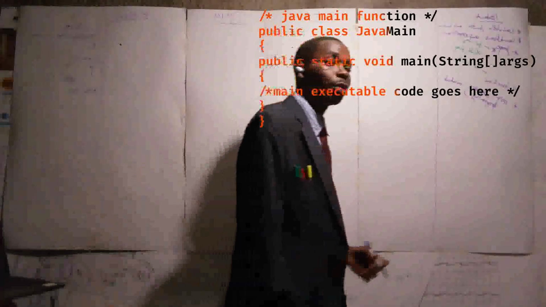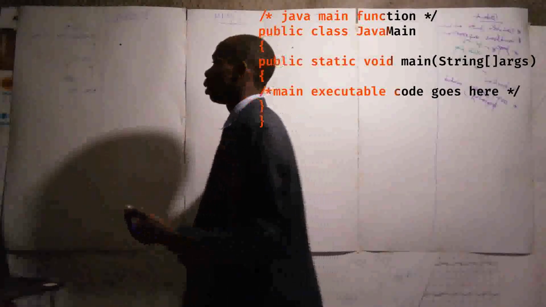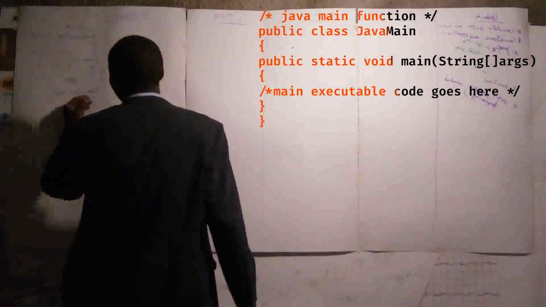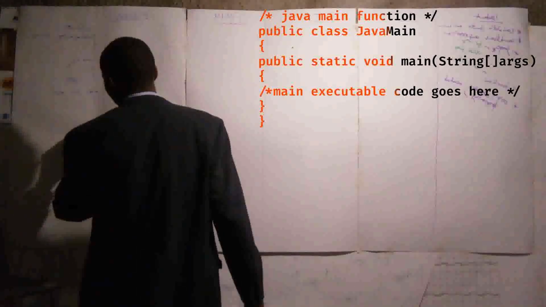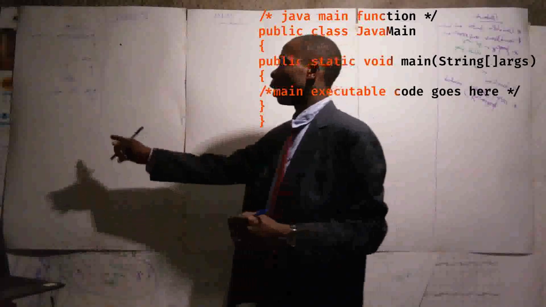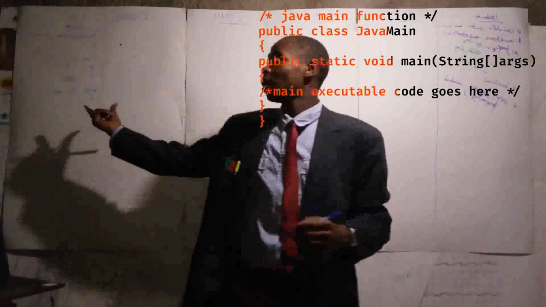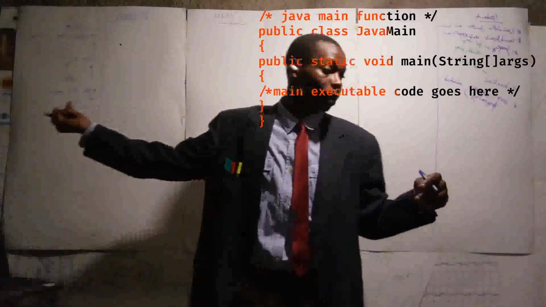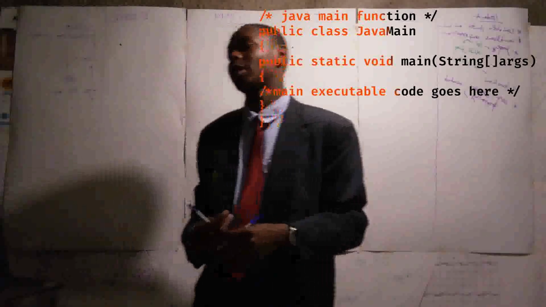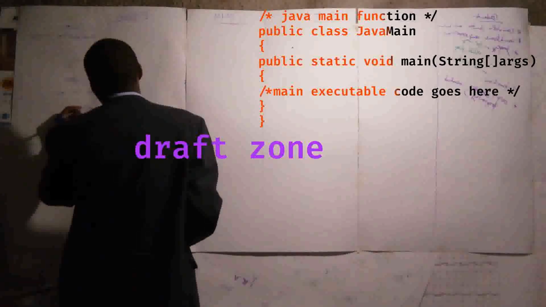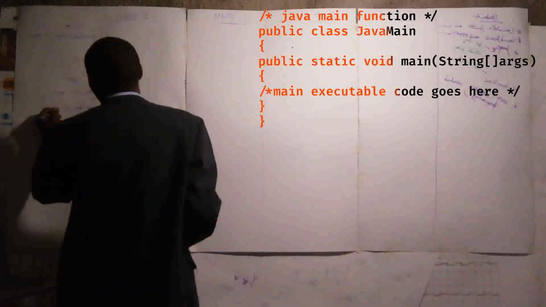The class name will be the program name we want to use, for example, prog name, then open curly braces and close. Inside the public class we have the main, where the code starts to execute in our Java program: public static void main.